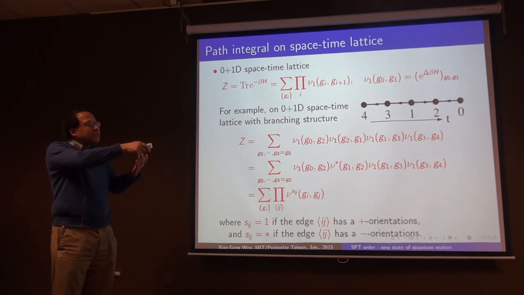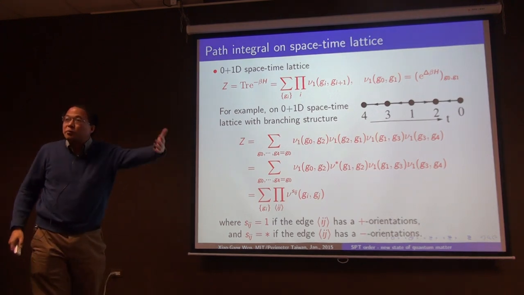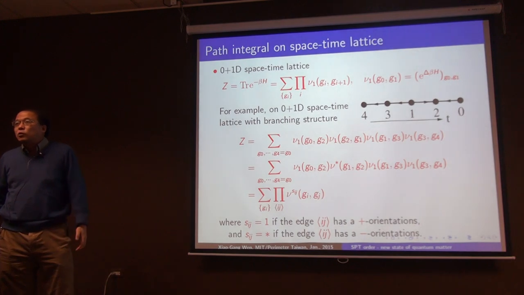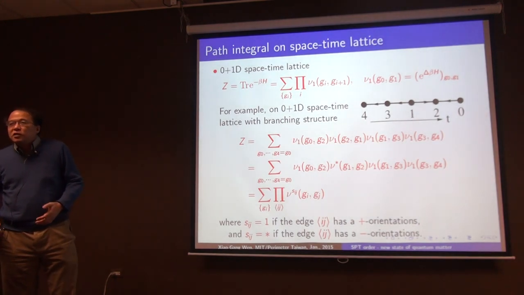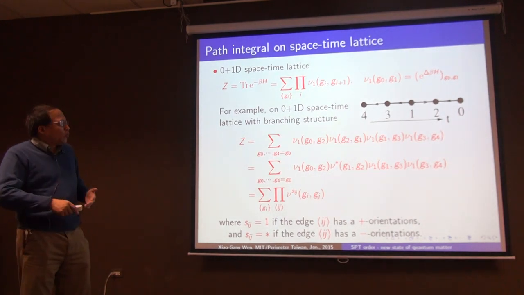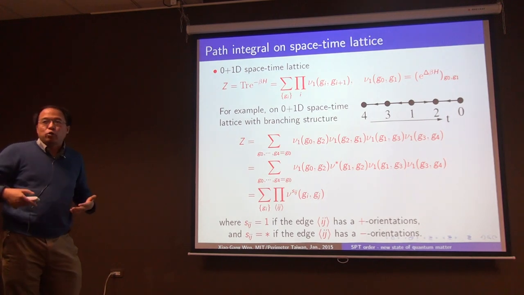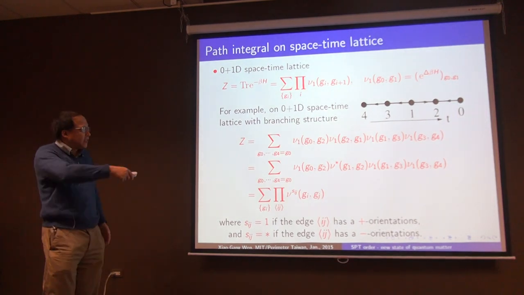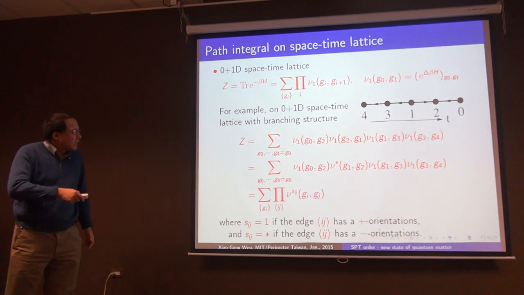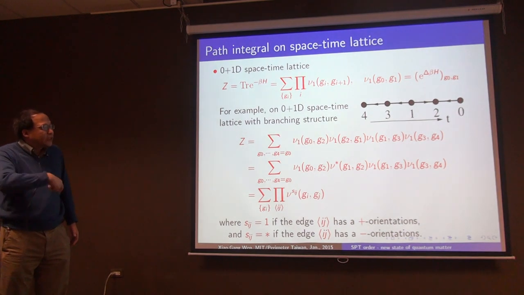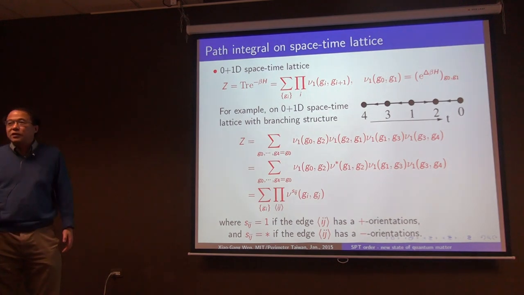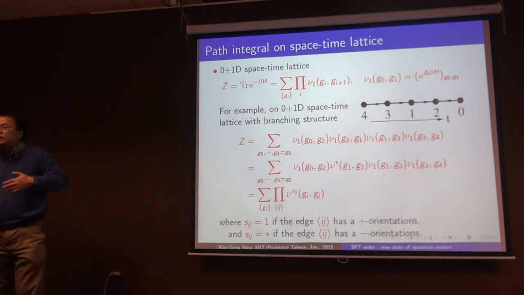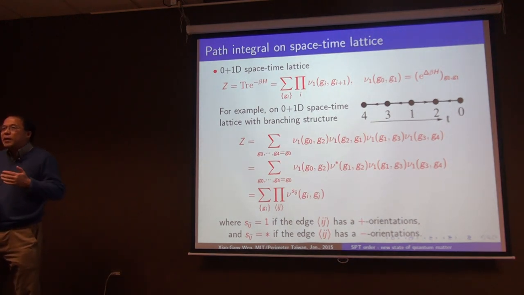Then different tensors would describe different quantum systems. So strictly speaking, we describe a general way to construct the path integral on a space-time lattice. This is a recipe, and each choice of tensor gives us a different theory. So this is like a tensor network description of a path integral.